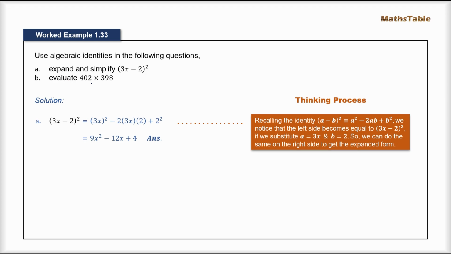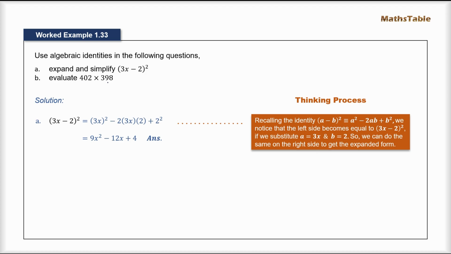Now in the second part, we are required to evaluate the answer to this multiplication. Evaluation means that we need to write the final answer not in the form of an algebraic expression, but rather in the form of a simple number. So how do we write the product of these two numbers using algebraic identities? We know that if we simply use a calculator or perform simple multiplication, this can be done, but this is not what we should do in this case.